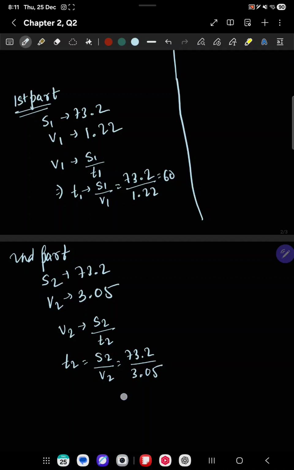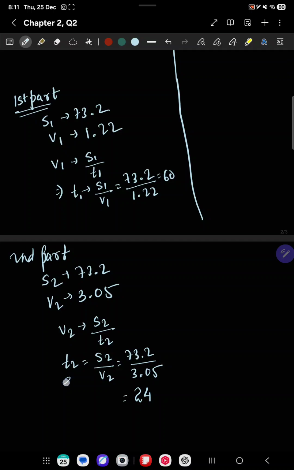And this point, if we calculate, I think we will get an approximate value of, let me check, yeah, so this value will be 24.